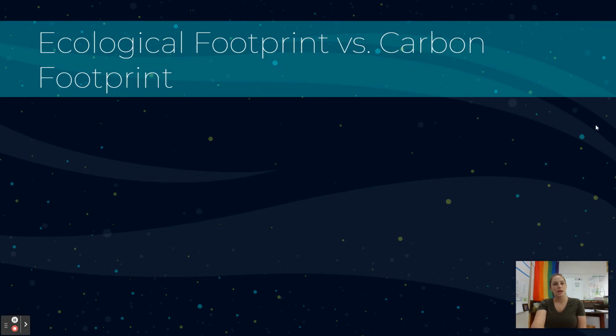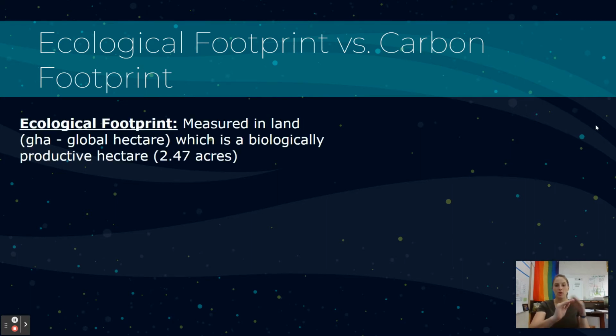So when you learn about an ecological footprint, oftentimes the calculators will also tell you your carbon footprint, but these are two different things. And I want to make sure that you know the difference between them. Ecological footprint, which I just went over, is measured in land, typically a global hectare, which is a biologically productive hectare.